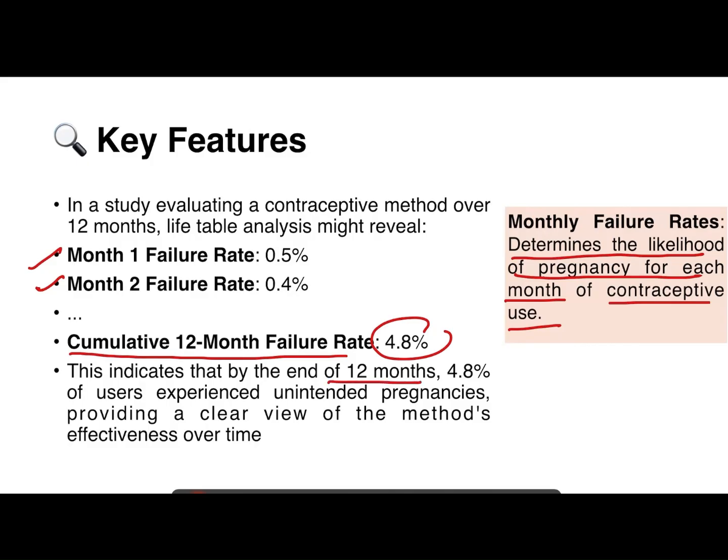For example, this indicates that by the end of 12 months, 4.8% of the users experienced an unintended pregnancy, and that provides a clear view of the method effectiveness over a period of time.